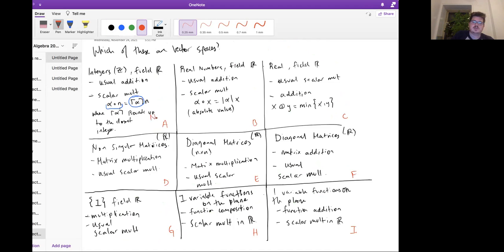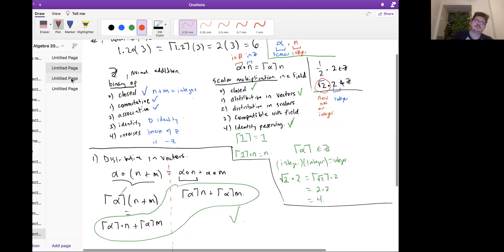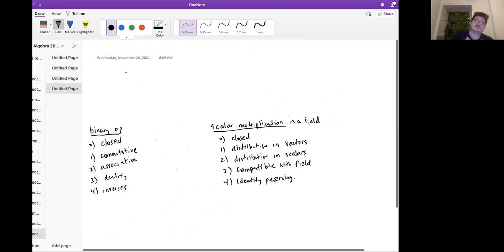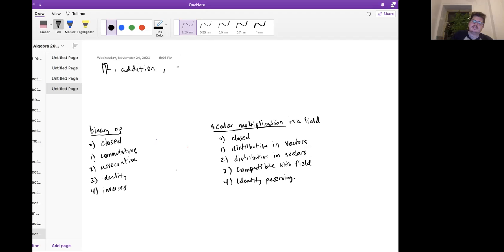So this is a note. Real numbers with normal addition and the scalar multiplication is absolute value. Yeah, it's like bingo. So real numbers, addition, and we have absolute value.